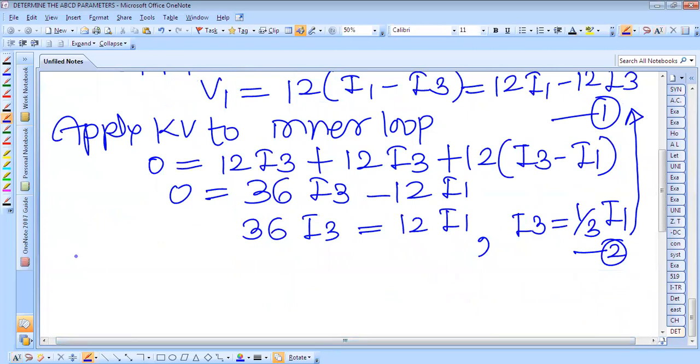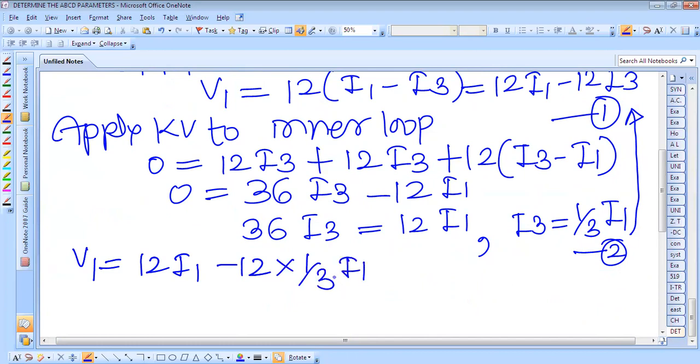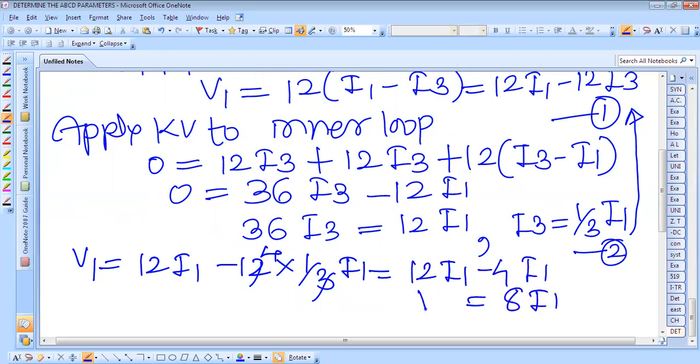Therefore V1 is equal to 12 I1 minus 12 into 1 by 3 I1. So this will be 12 I1 minus 4 I1, and this is equal to 8 I1, and V1 is equal to this. This is equation number 3.